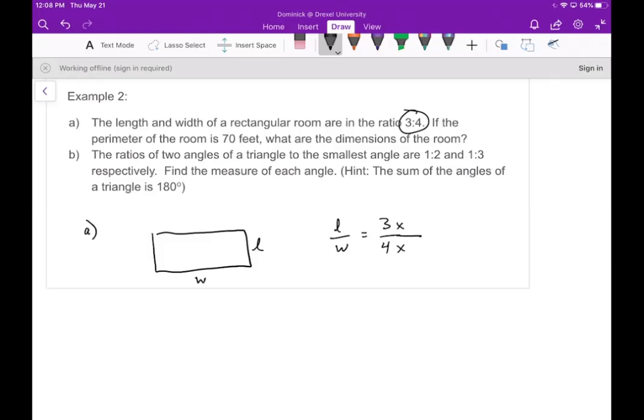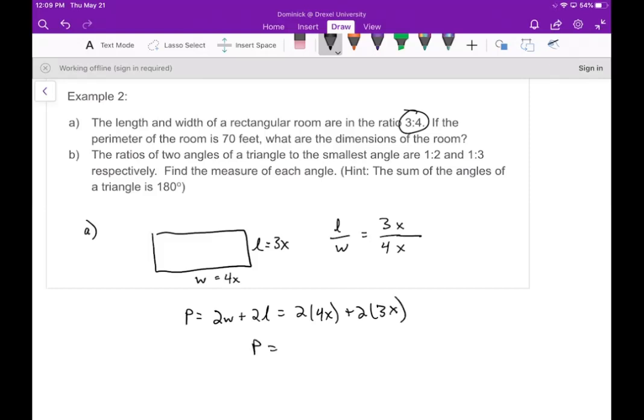Now, if the perimeter of the room is 70 feet, we want to know the dimensions of the room. The length is 3x and the width is 4x. The perimeter is 2 times the width plus 2 times the length, which is 2 times 4x plus 2 times 3x.